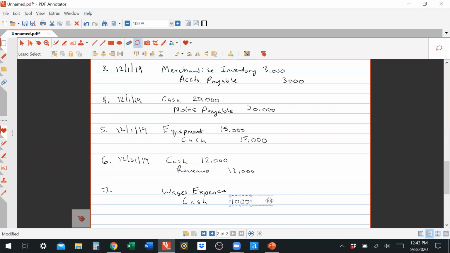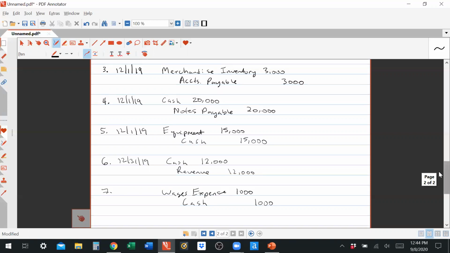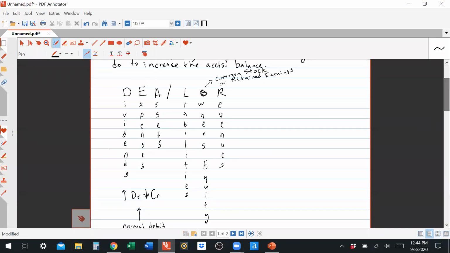Every journal entry involves at least 1 debit and at least 1 credit. But we can explain why wages expense is debited. Wages expense is an expense, right? It's in this category. And we know expenses went up by $1,000 when we paid our employees for their wages. Expenses go up by 1,000.